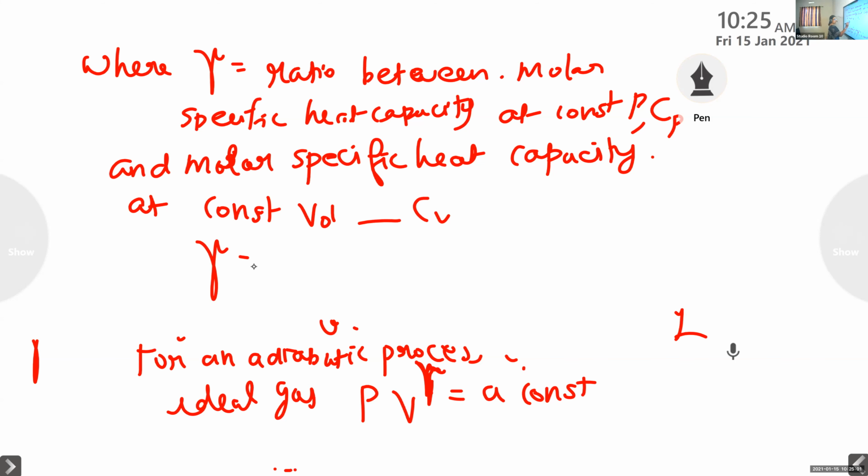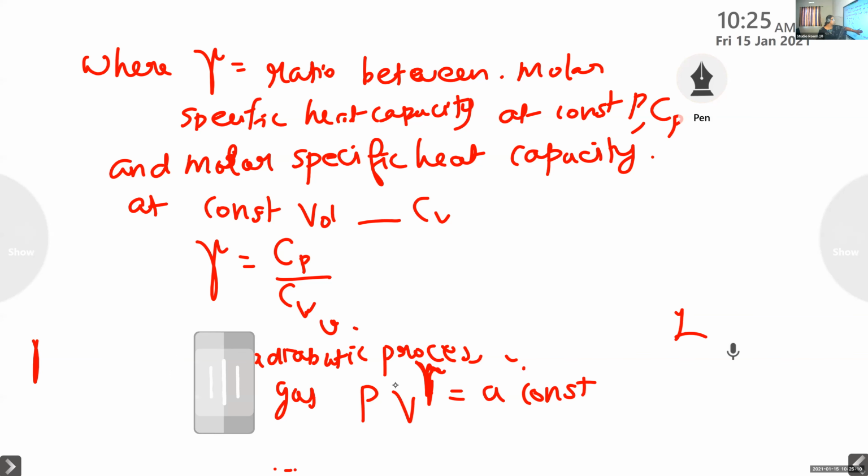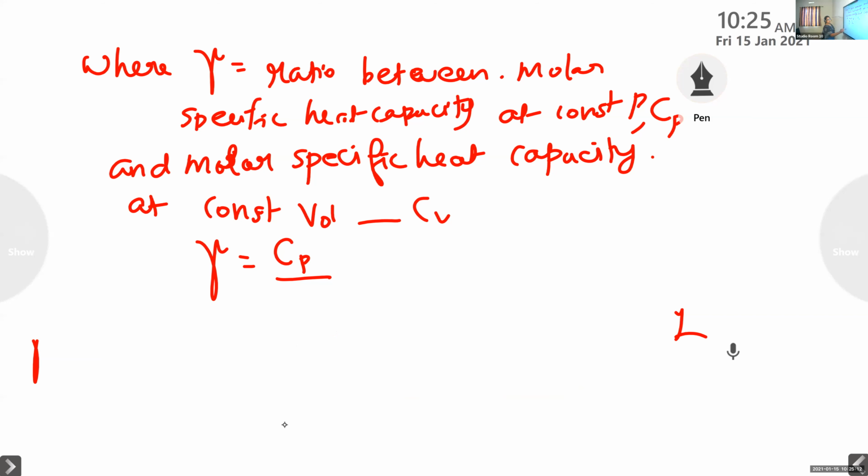That is, gamma is equal to Cp by Cv. Now we are going to have a condition. If there is a change taking place in pressure and volume for an ideal gas in an adiabatic process, what are the changes taking place?